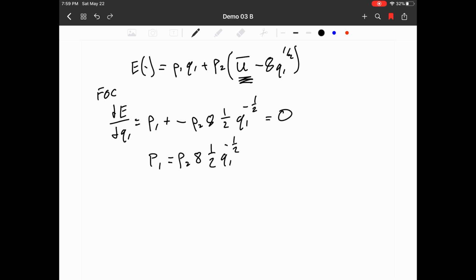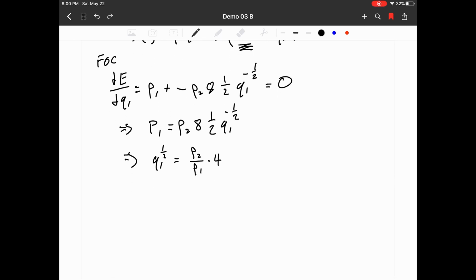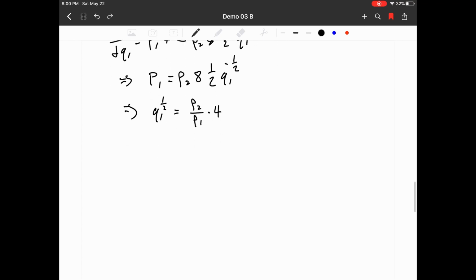So we can multiply q1^(1/2) on both sides and divide both sides by p1. So we have p2 over p1 times 4. And then we're just going to square this.